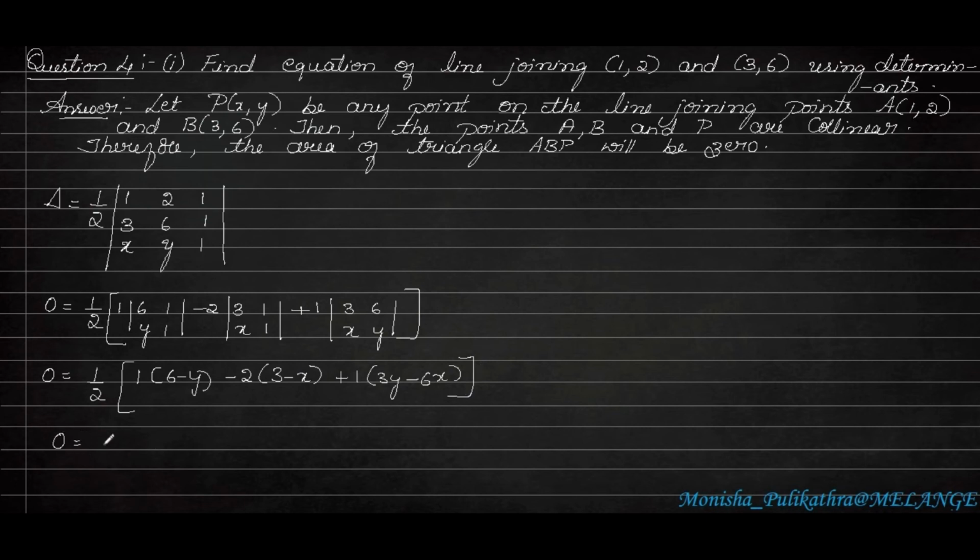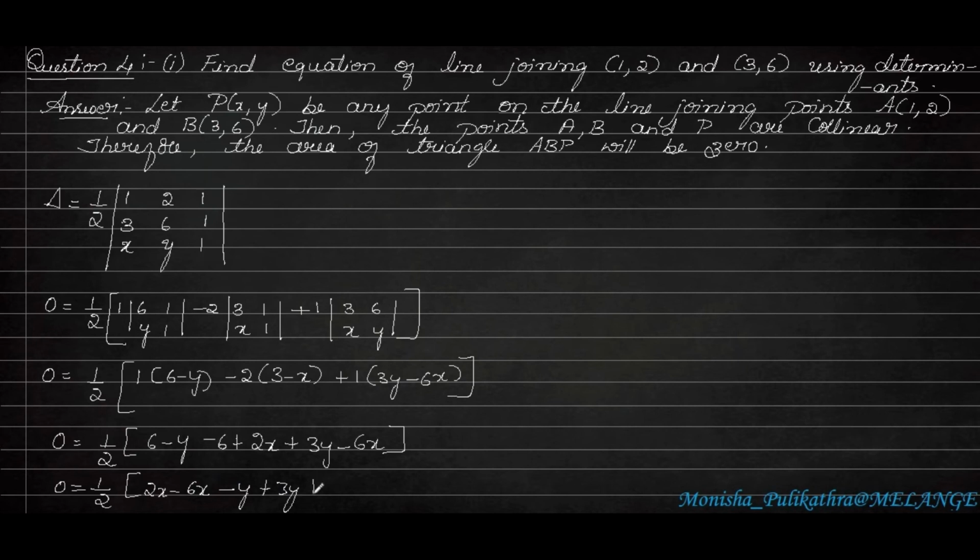Okay. So 0 is equal to half. We will get 6 minus y, minus 2 into 3 is minus 6, minus minus is plus, 2 into x is 2x, plus 3y minus 6x. Okay. We have to simplify everything. So I will be taking x on one side, that is 2x minus 6x. So 2x and 6x both have the x variable. Next I will be taking y. So minus y and plus 3y.